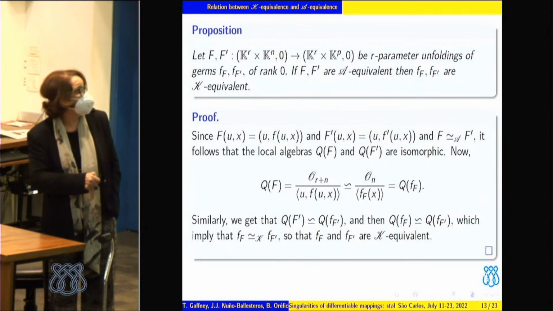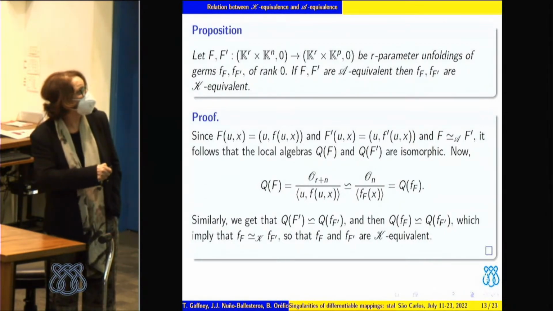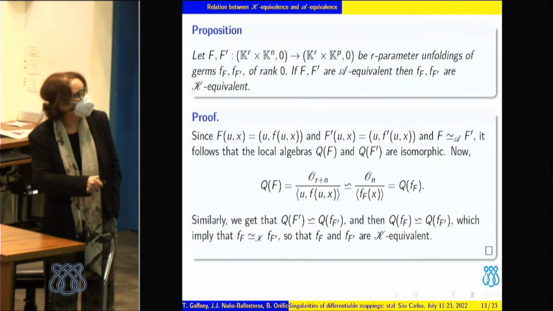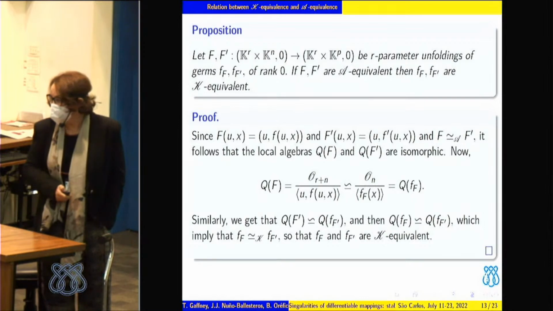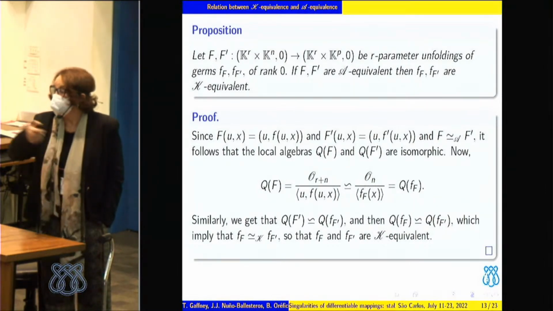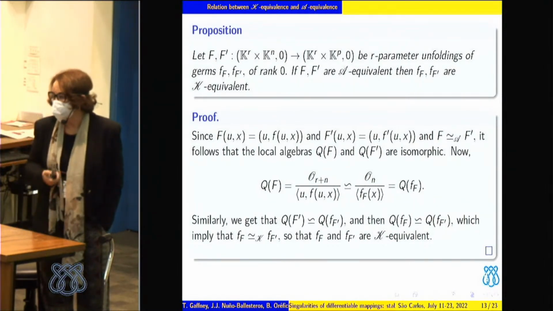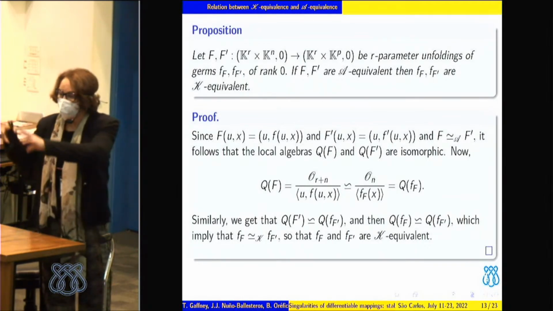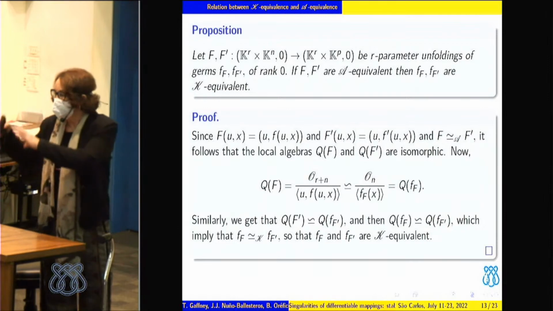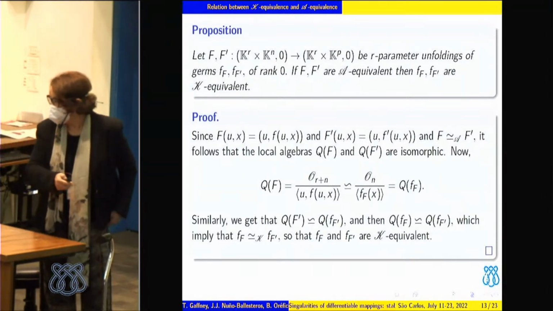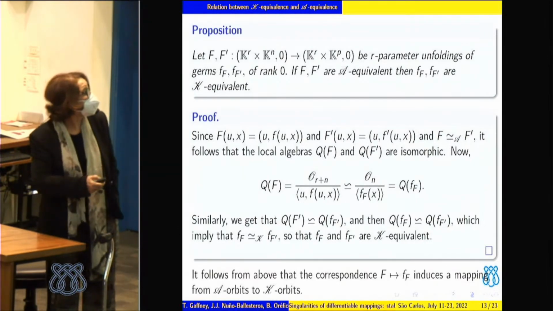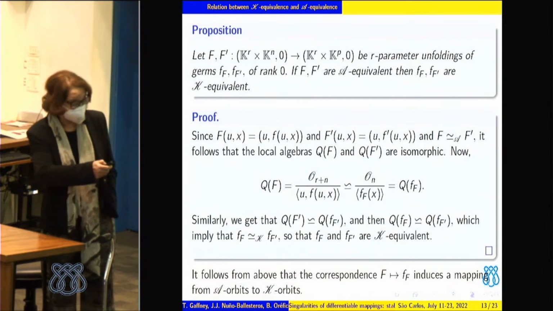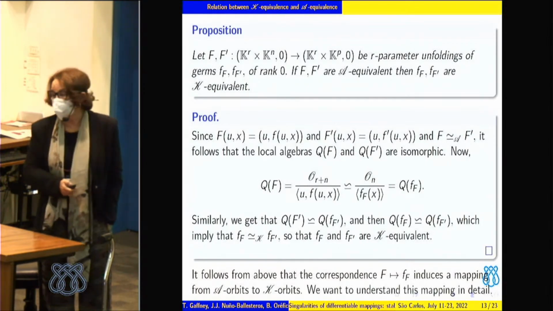Similarly, we have the same thing for F prime. Hence, as these two local algebras are isomorphic, the other two local algebras are also isomorphic, and then the germs are K equivalent. So in fact, I have a correspondence from A orbits to K orbits. And as I said, we want to understand this map in detail.